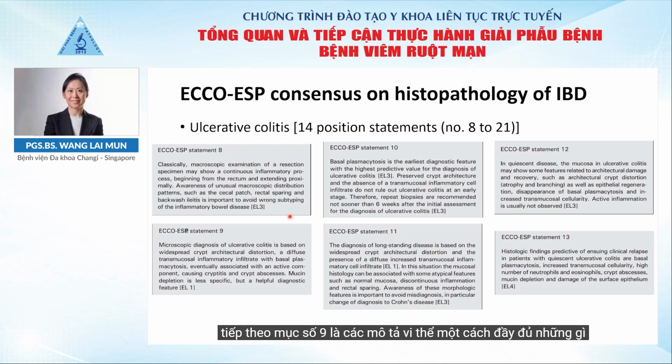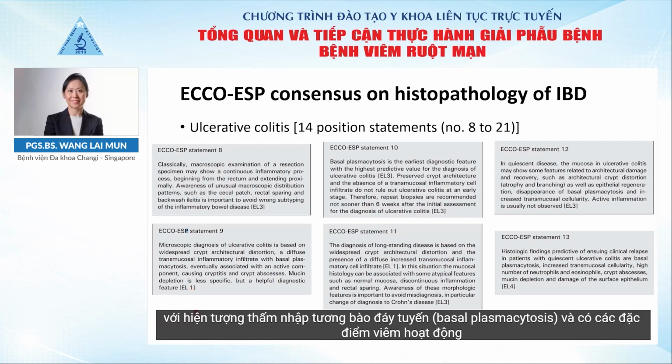Moving on to position 9, that gives the full microscopic description of what is seen in ulcerative colitis. So you expect to see widespread or diffuse crypt architectural distortion, a diffuse transmural inflammatory infiltrate with basal plasmacytosis, and then there is active inflammation, classically described as cryptitis and crypt abscesses.